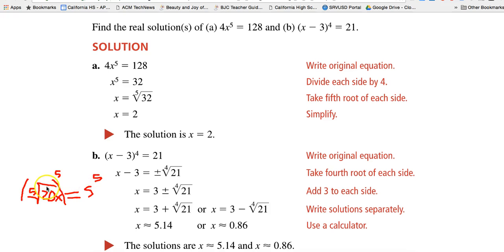Because remember, the 5th root of 20x is just 20x to the 1/5 power. Okay? And that's just to the 1/5. And to get rid of that, you would just take both sides to the 5th power. So right here, that's what it would look like.